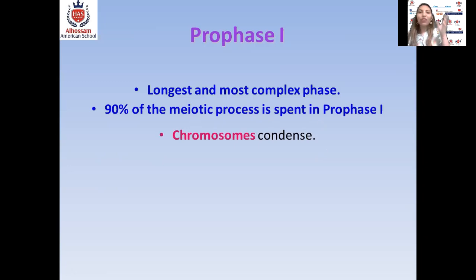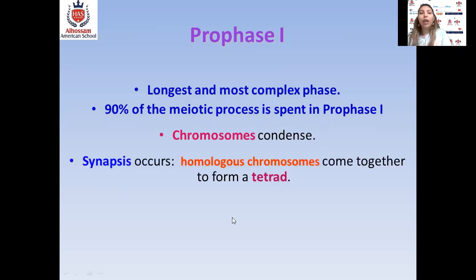During prophase 1, chromosomes condense, and synapsis occurs, a process in which homologous chromosomes come together. After duplication, homologous chromosomes come together and form a tetrad. So tetrad means 4 chromatids.